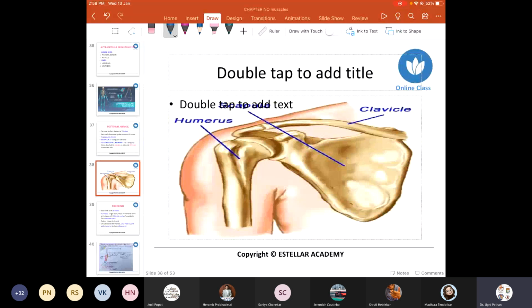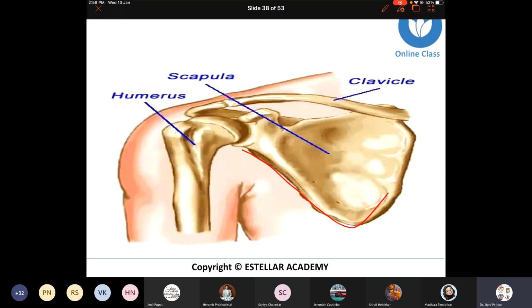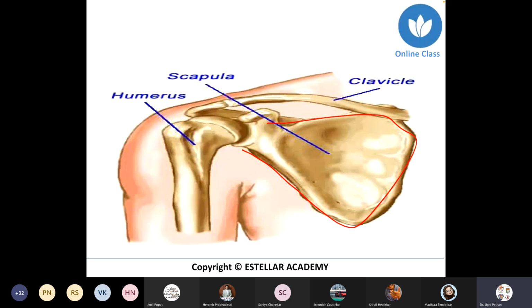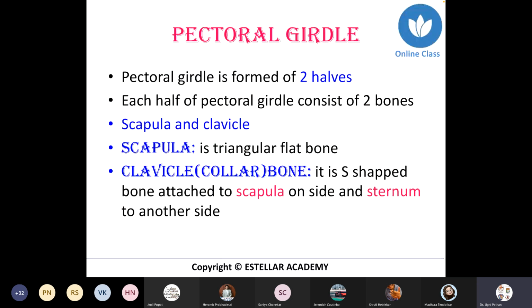I'm talking about the backside. When you lift your hand, there's a triangular butterfly bone which comes. That is called a scapula, on the dorsal surface, not on the ventral surface. On the ventral surface, what is there? Which bones are present on the ventral surface of the body? The answer needs to be quick. Ribs. Very good. So on the backside, there's a butterfly or triangular shaped structure called scapula.